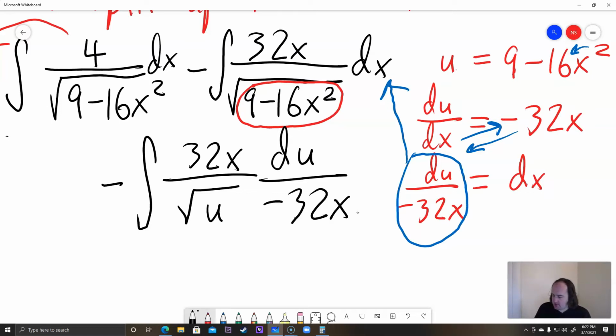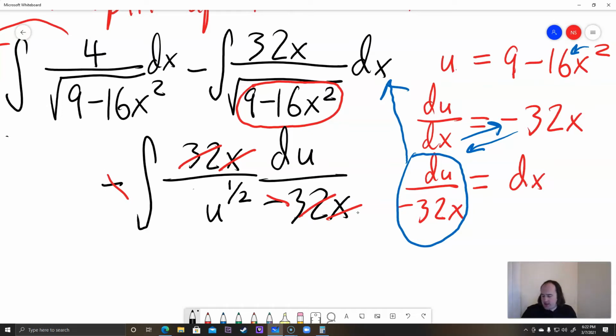Okay, and then the 32's cancel out, the x's cancel out, and the minus out front is a constant that cancels out with the minus in the denominator. So those cancel out. So we just have the integral of 1 over square root of u du. And remember, the square root of u is the same as u to the 1/2. So let's rewrite it as u to the 1/2 power down there.